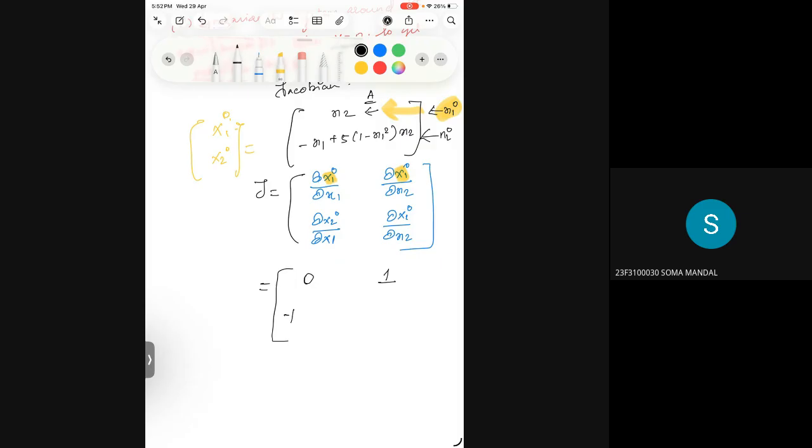Okay, I will rewrite it. Minus x1 plus 5 x2 minus 5 x1 square x2. So for x1 it will be there, no?